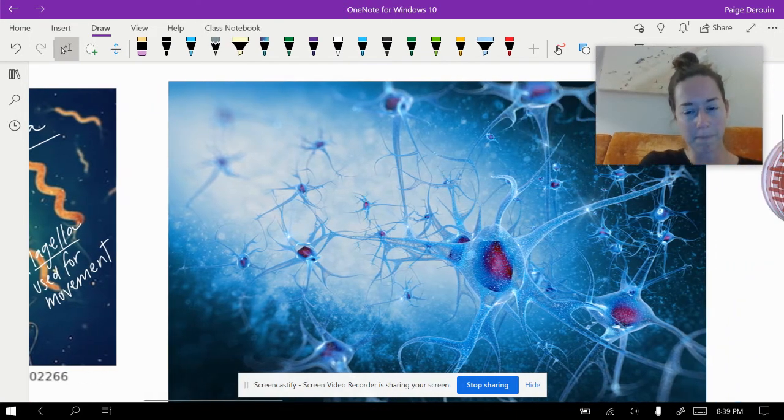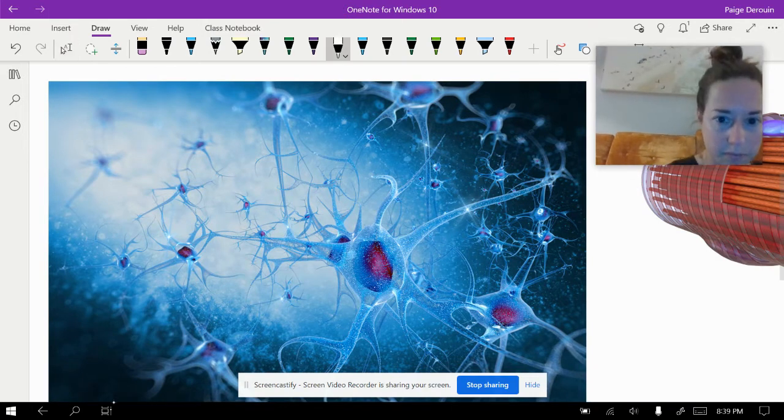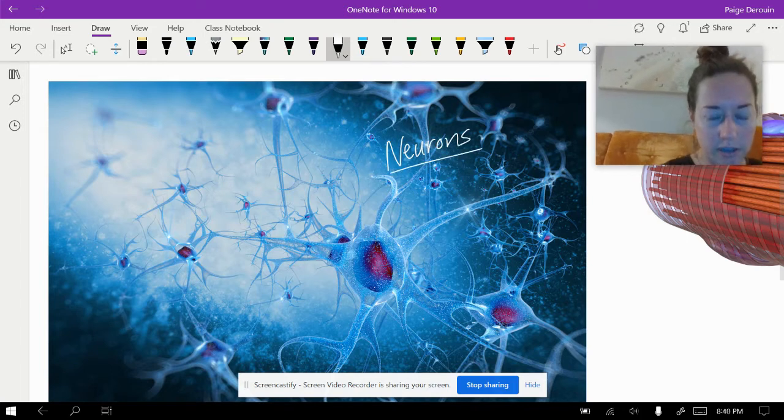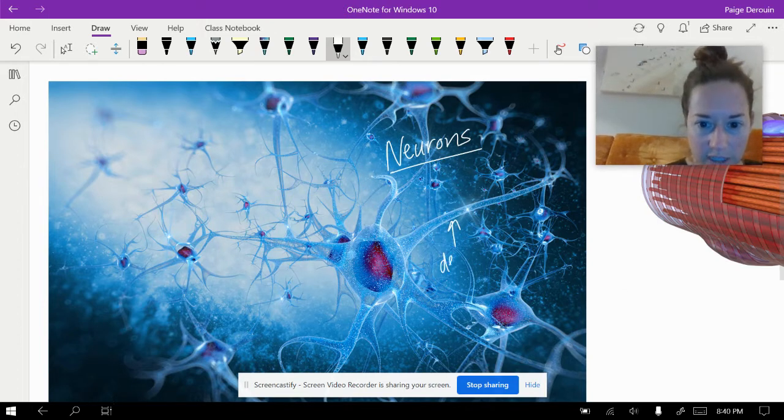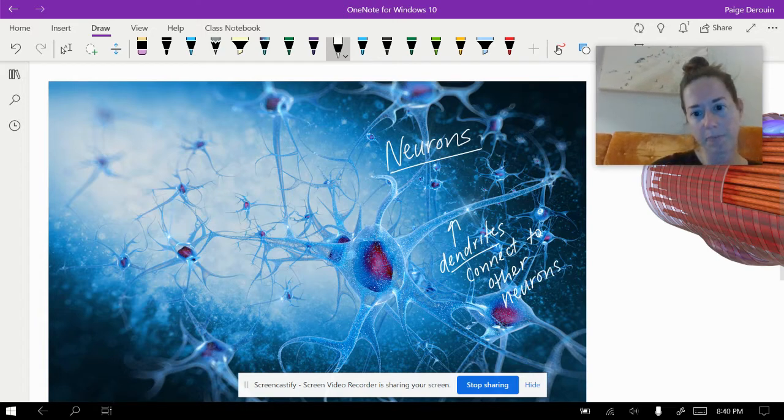Now let's look at this really big cell. These are neurons, or nerve cells. They're branched like this so that they can send messages all around your body. These branches are called dendrites, and they connect to other neurons.